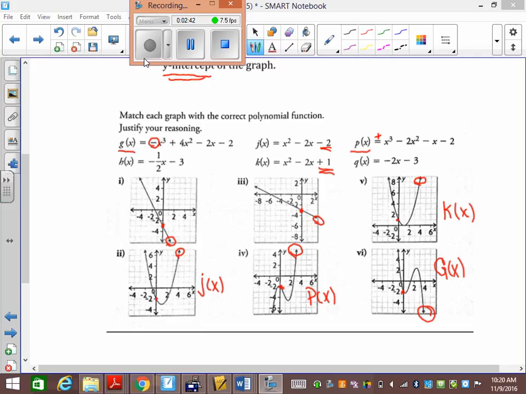So I'm going to go from here down to right 1. Or this one is down to 1, 2, 3, 4. Right 4. So down to right 1 would be q of x, right? And then down to right 4 is -1/2 as my slope, which is h of x.